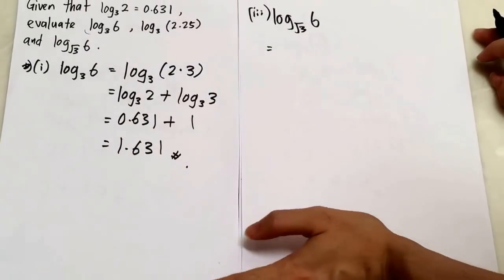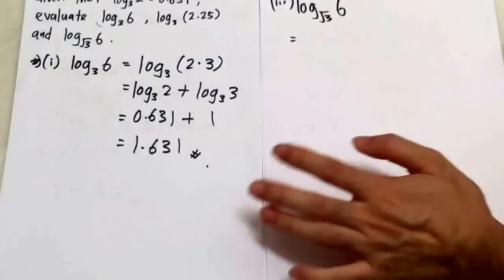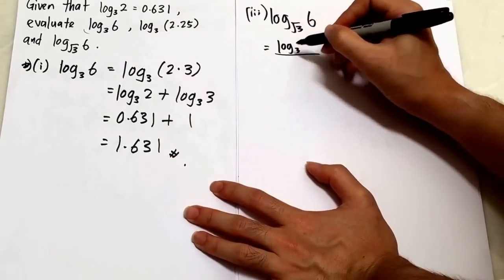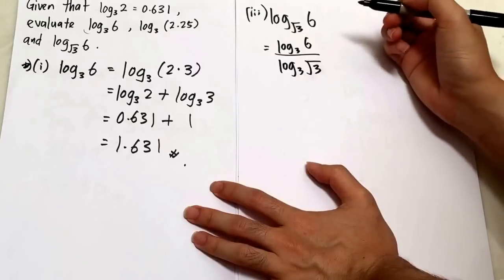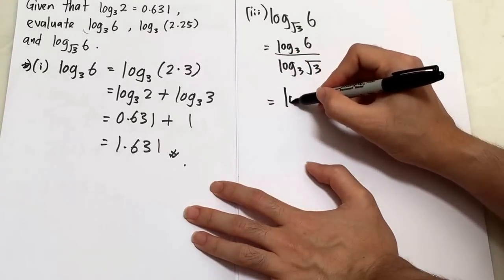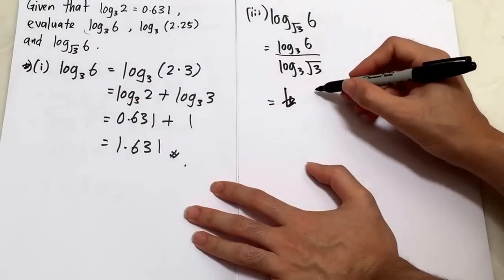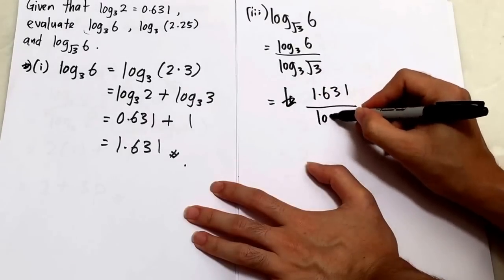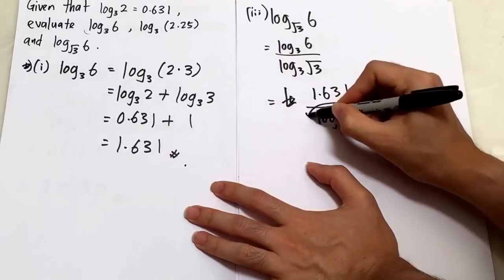So the first thing is, in order to solve this, I must have base 3. So I will change base. I will change this to log base 3 and log base 3, of 6 and square root of 3. Log base 3 of 6 we did just now, so I'm not going to do it again. It equals 1.631. For this one, I say square root means power of half, so we can move the 1 over 2 in front.